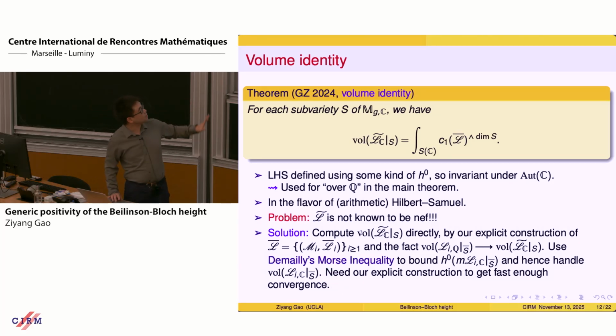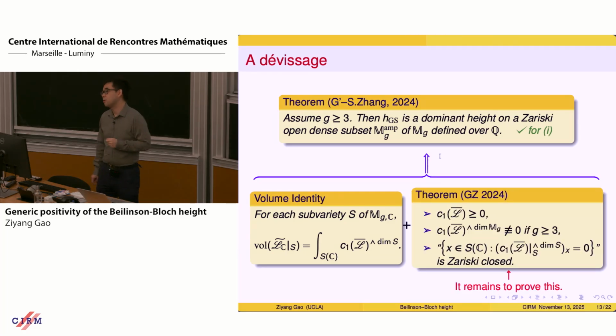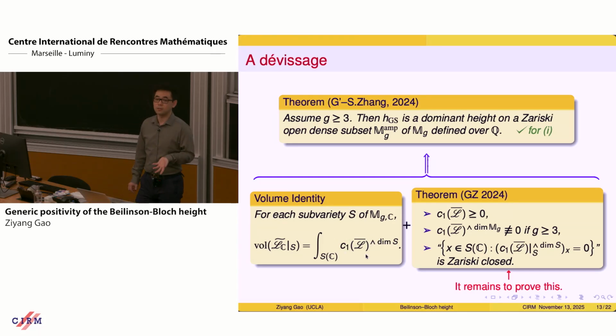Okay, but at least now we do have this volume identity, and with this volume identity, to prove this theorem, we need to do three things. Well, we want some positivity, so we want that this 1-1 form, this curvature form, is semi-positive.